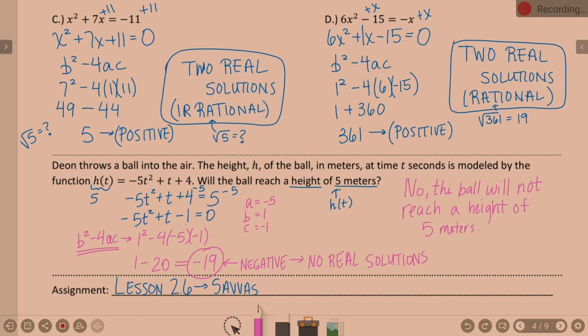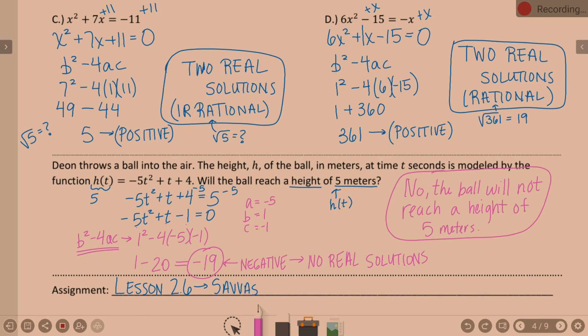Okay, so this is just showing a use of the discriminant. Could you have actually worked this out with the entire quadratic formula as well? You could have. But if it's just the yes or no answer they want, this takes us a little quicker.